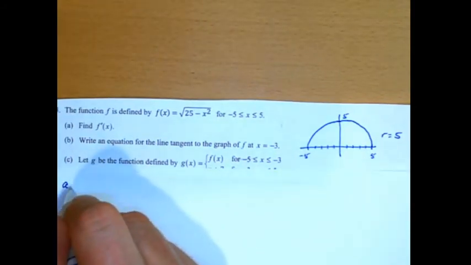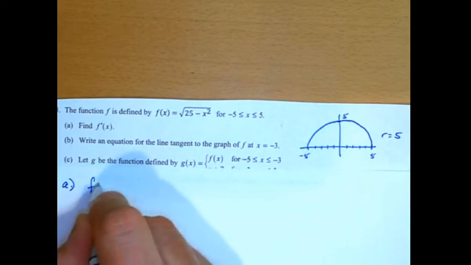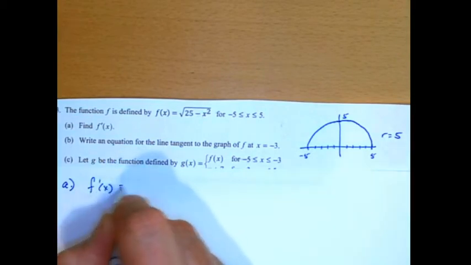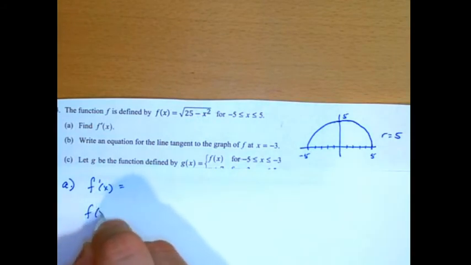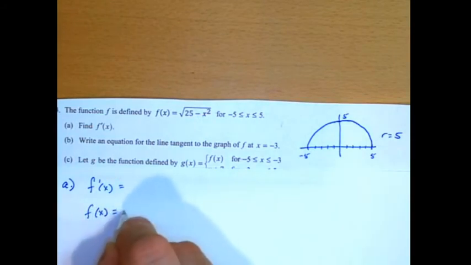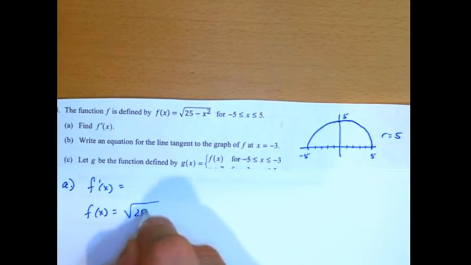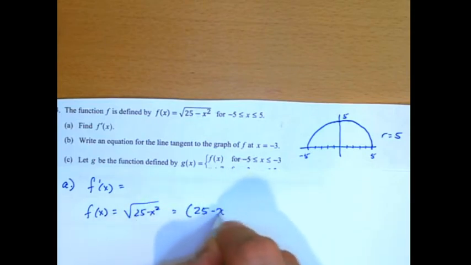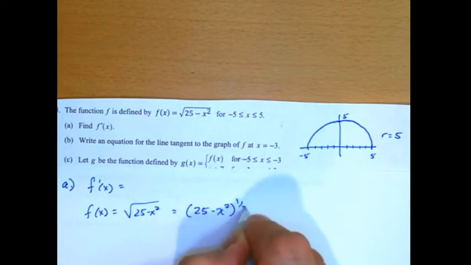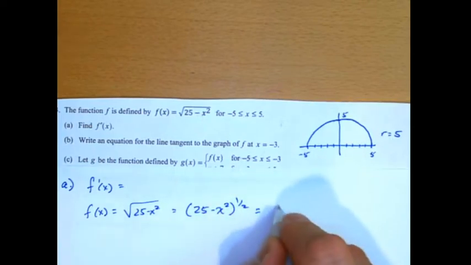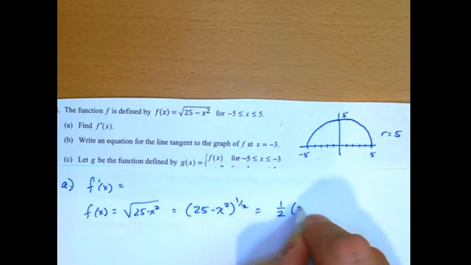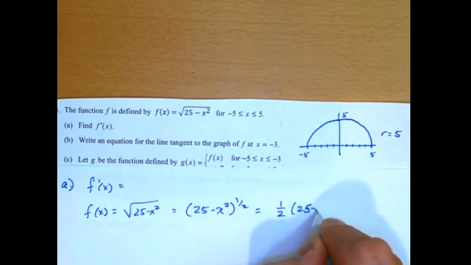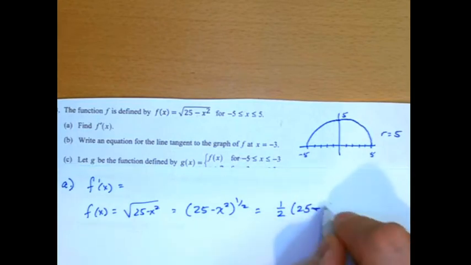So part A, what is f prime of x? Well, let me write down what f of x is. F of x is the square root of 25 minus x squared, which is 25 minus x squared to the 1/2 power. Power rule, we bring the 1/2 out front. We keep the inside, 25 minus x squared.